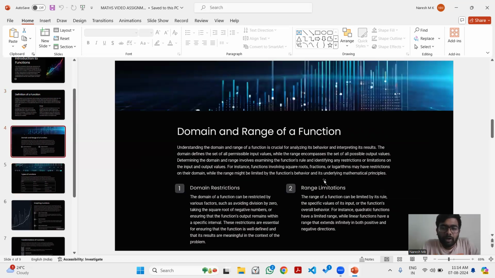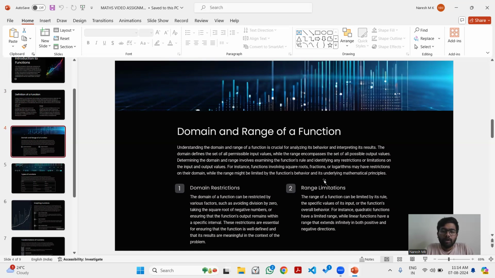And domain and range of a function. Understanding the domain and range of a function is crucial for analyzing its behavior and interpreting its results. The domain defines the set of all permissible input values, while the range encompasses the set of all possible output values.